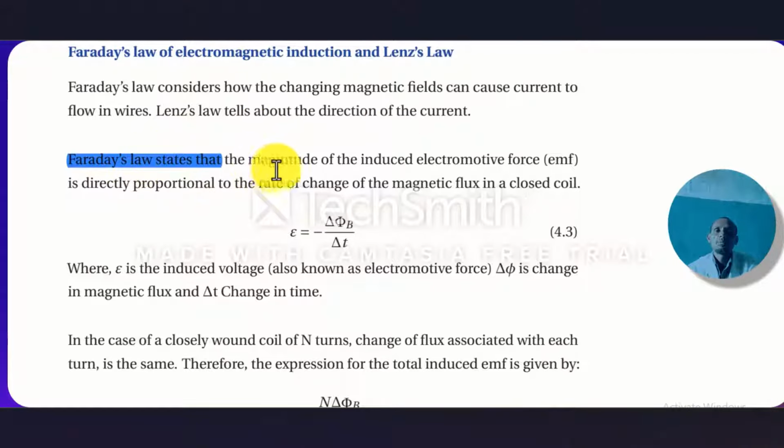Faraday's law says that the magnitude of the induced electromotive force, or EMF, is directly proportional to the rate of change of magnetic flux in a closed coil. The equation is E equals minus delta phi over delta t, where E is the induced voltage, delta phi is the change in magnetic flux, and delta t is the change in time.